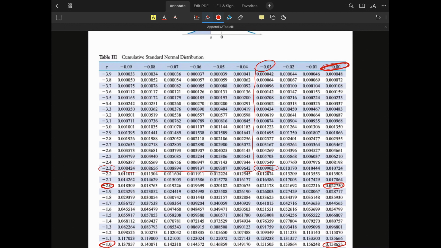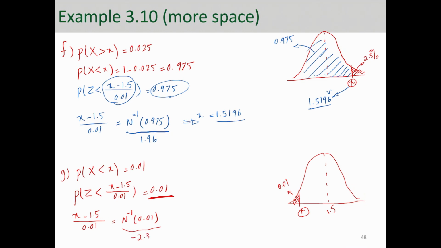You can also go with negative 2.32 because it's between these two values. So I'm going to go with negative 2.33. And if I solve this equation for x, I'm going to get x equal to 1.477. So that is the voltage that we have here, and only 1% of the batteries have smaller voltage.